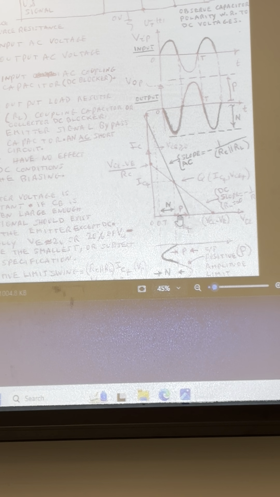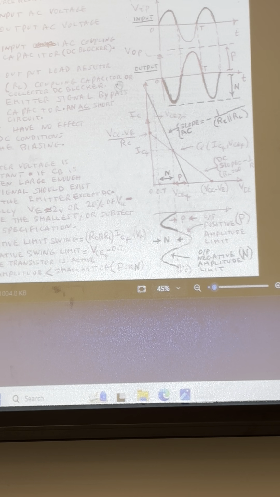On the negative side, to the left, as we move up the black load line, we approach saturation. Saturation is around here. So this chunk, horizontally from here to here, is your negative swing. This is the negative swing. The magnitude of N, I marked it here, N, this one as P. So the value of N is this chunk here, which is simply that coordinate on the VC minus 0.7.